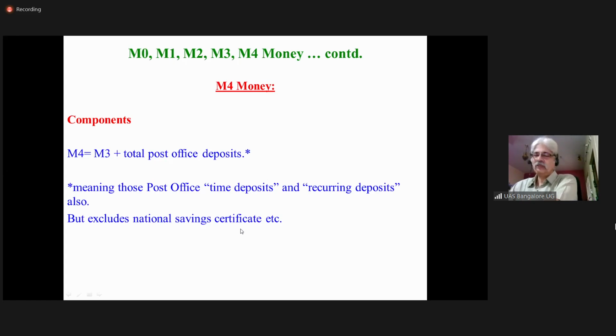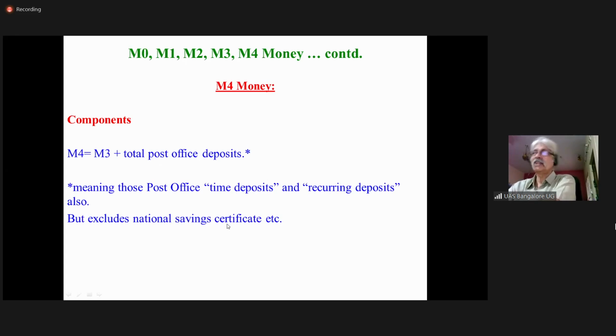If you purchase NSC, on the amount invested in NSC, we used to get a rebate in the income tax. But these days, since our income has gone much higher, after all these pay commissions, the teachers' income has gone much higher, NSC is not that attractive, but still people purchase it.